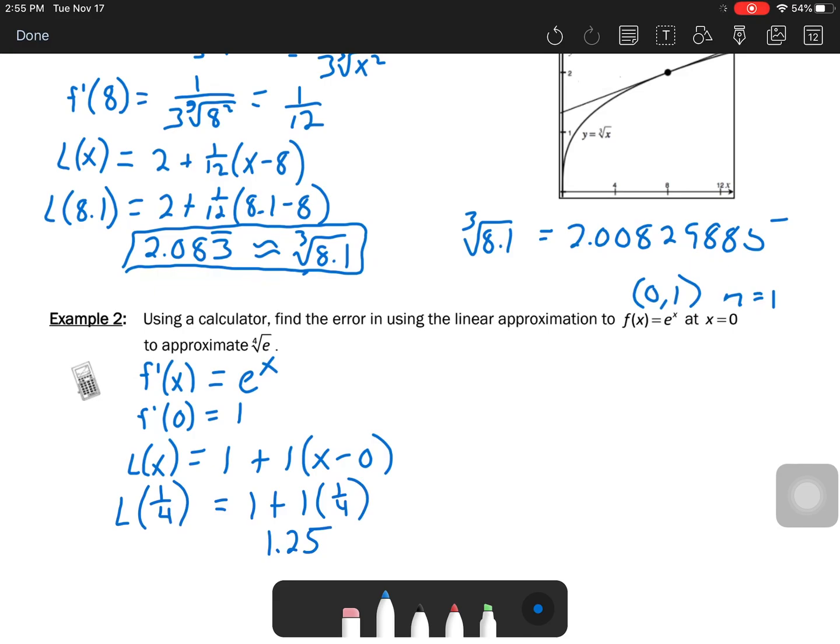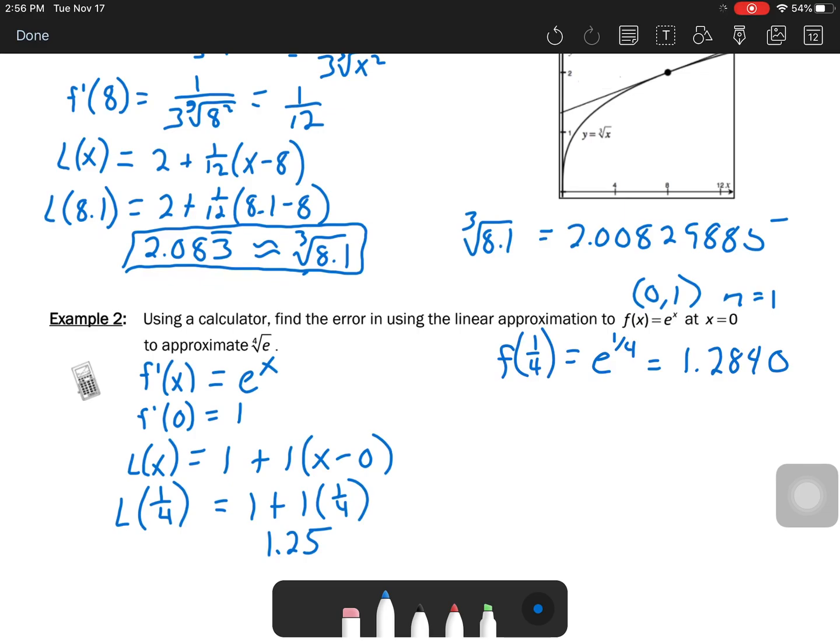And if we actually calculate f of 1/4, which really means e to the 1/4 power, and we type that into our calculator, I'm not going to pull my calculator out, we did this once, but that's going to be 1.2840. You can easily type that in your calculator, but it's asking us for the amount of error.